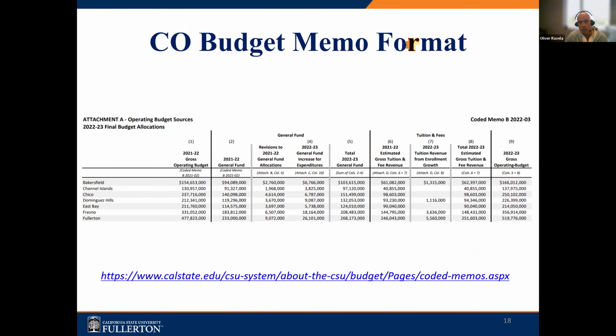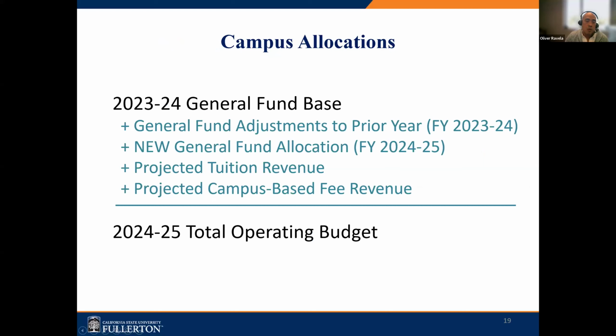So this is just to give folks a flavor of the system-wide budget memo format. This is a memo that is provided to campuses each year and is described in the following slide. The memo is organized from left to right. It starts with the starting general fund base.